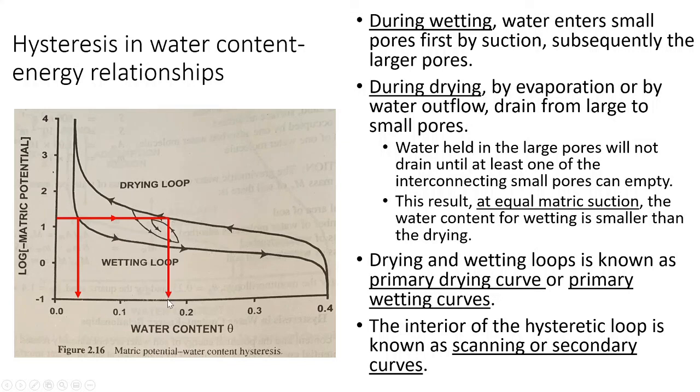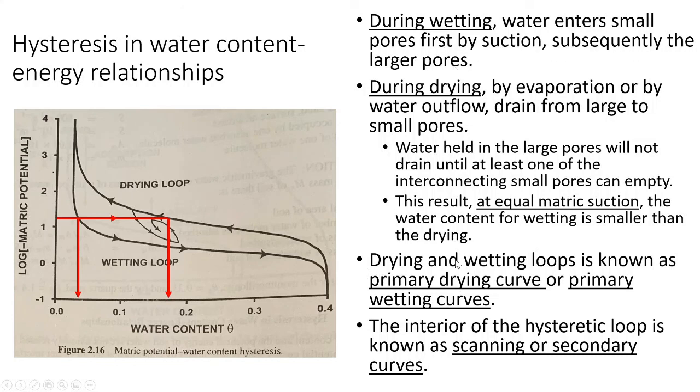Drying has a larger water content than wetting at equal matric suction. Why? Because the water drains from large pore to small pore during the drying process, but in wetting, the small pores are filled up first, and only then the large pores.